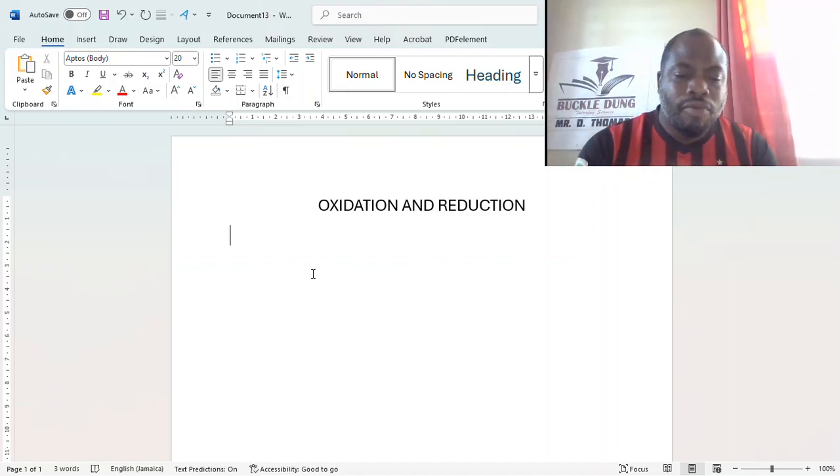So when the scientists first looked at oxidation and reduction, for those who don't know, it's redox for short. So whenever you see redox, that abbreviation or that word, it's really talking about reduction and oxidation.